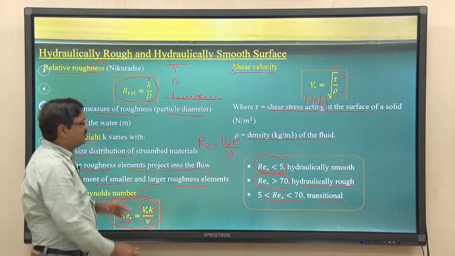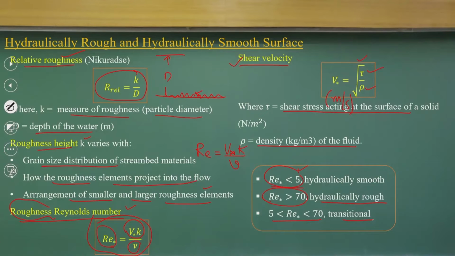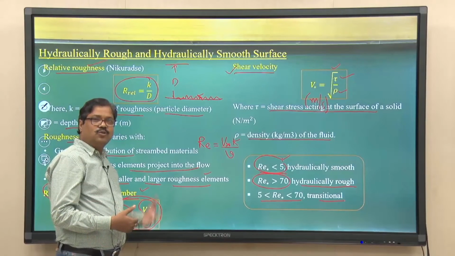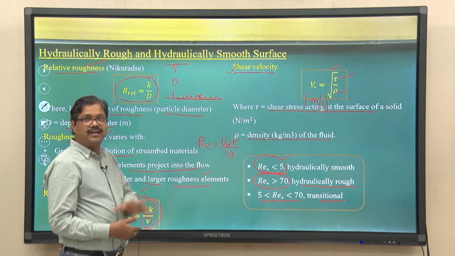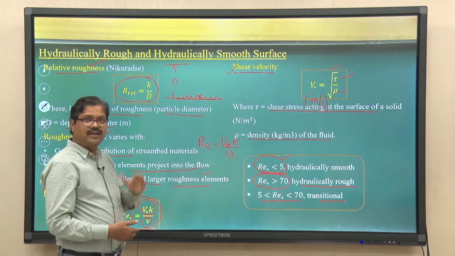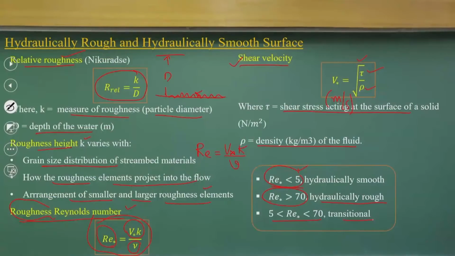So, now we try to understand this at the near-bed boundary, to know whether it is hydraulically smooth or hydraulically rough. That is what we decide, just as in pipe flow we decide laminar or turbulent, or in open channel flow the laminar to turbulent zones.